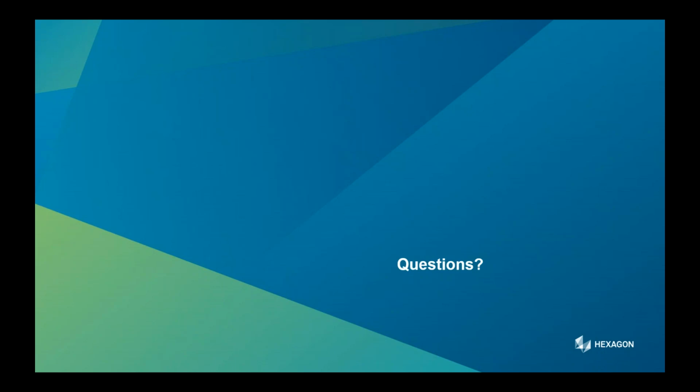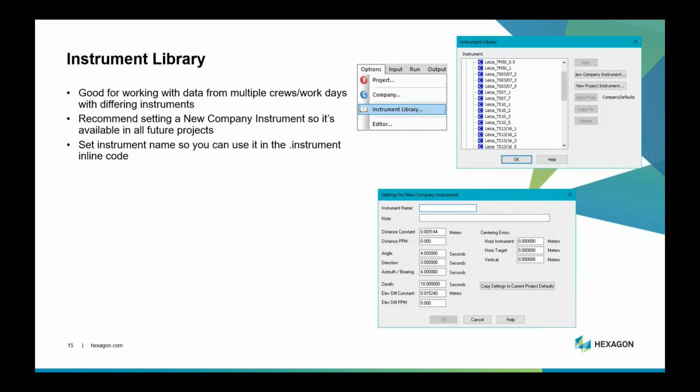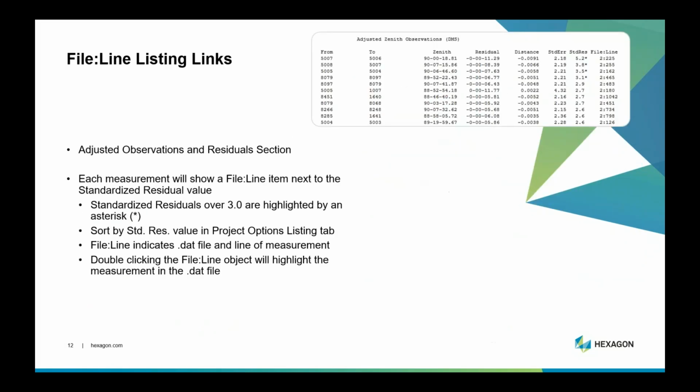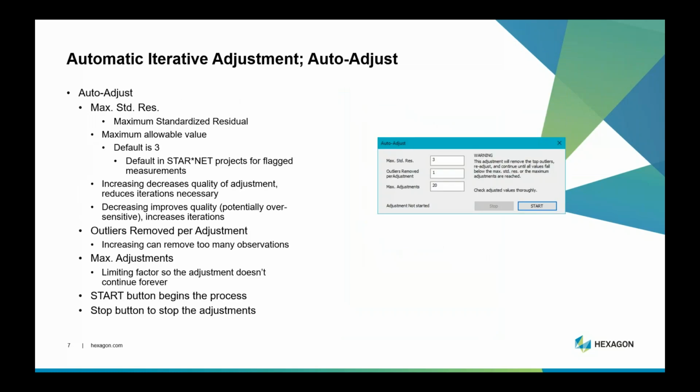Another question is, with the auto adjust feature, does it include cluster detection, or is it just a standard adjustment? It's actually a new adjustment type. I can go back to it if you want. Bear with me for a minute. Sorry, I actually didn't show it on this.